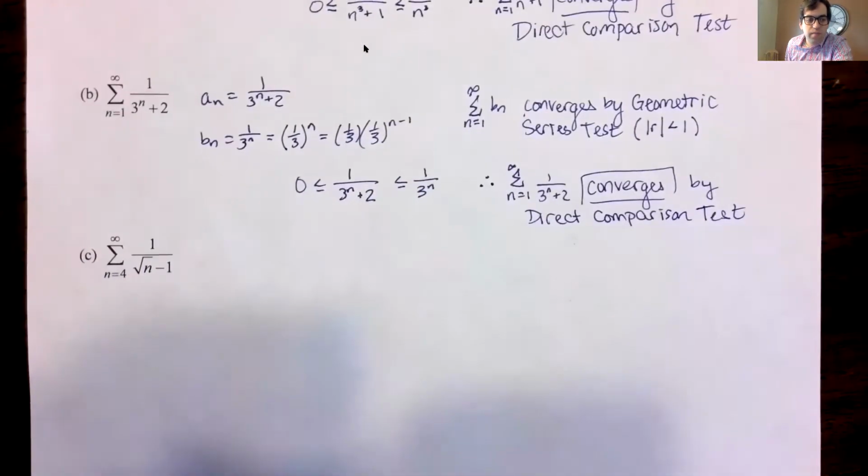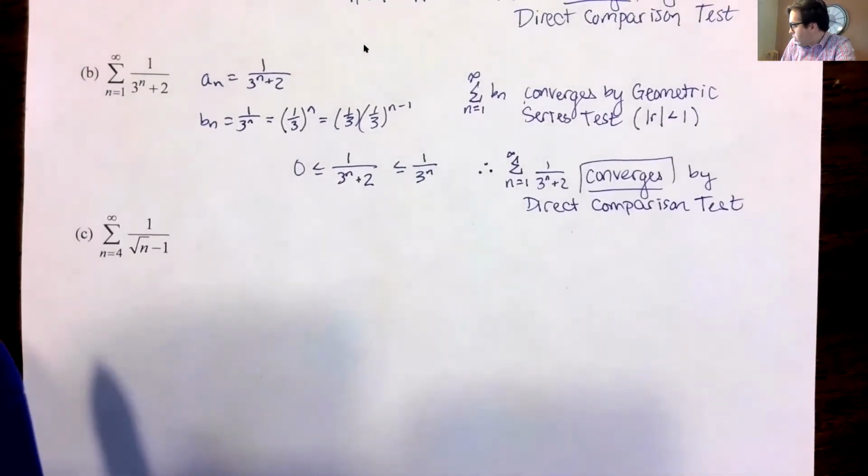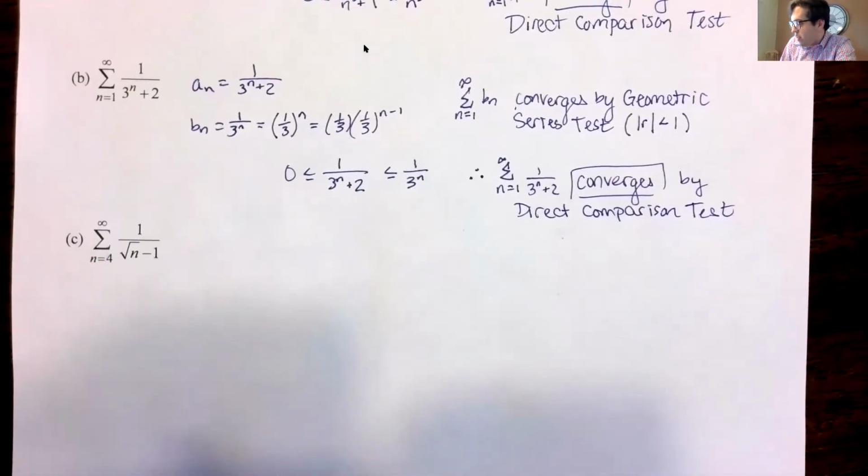All right, let's look at one more. Letter C. Okay, so in this one, we are starting at 4 and going to infinity. And that is a little bit odd. It's a little different. But what I will say is that it's going to be important for this.